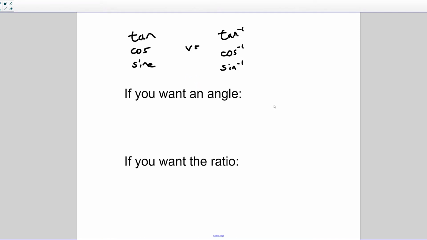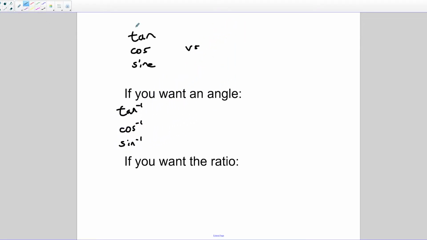One last thing before we move on to some multiple triangle examples. Let's figure out what the difference is between the regular functions, so like tan, cosine, and sine, versus your inverse tan, your inverse cosine, and your inverse sine. How do you know when to use each one? So basically what this breaks down to is if you want an angle, then you want to be using these inverse functions.